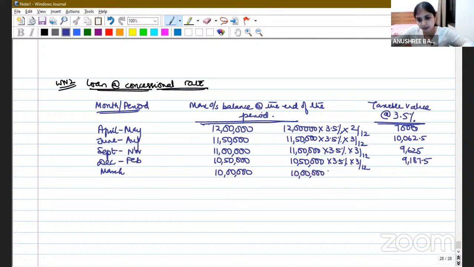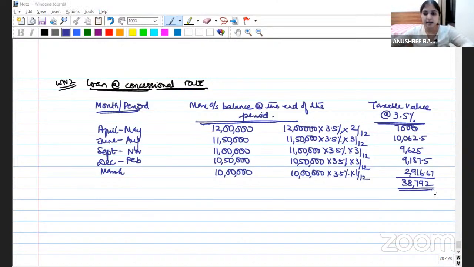So 10 lakh into 3.5% into, only for 1 month we are calculating now. 10 lakh into 3.5% divided by 12, 2,916.67. So what is the total number? You will get 38,792. This will be the taxable value of the perquisite.